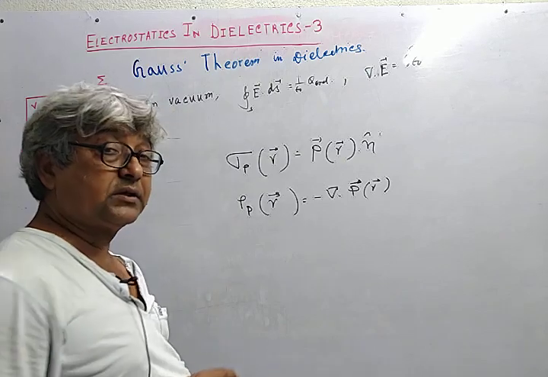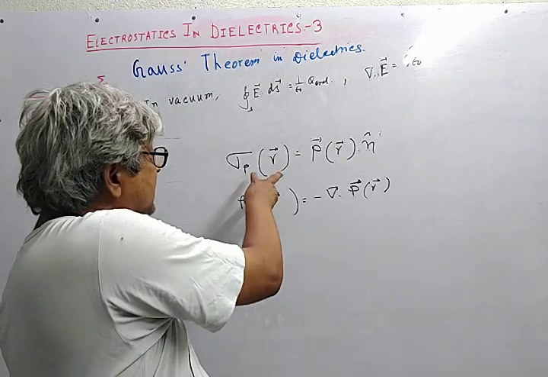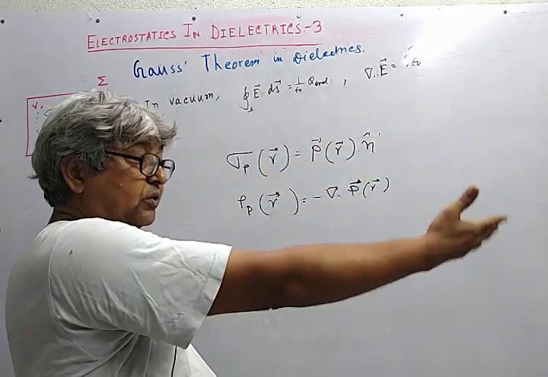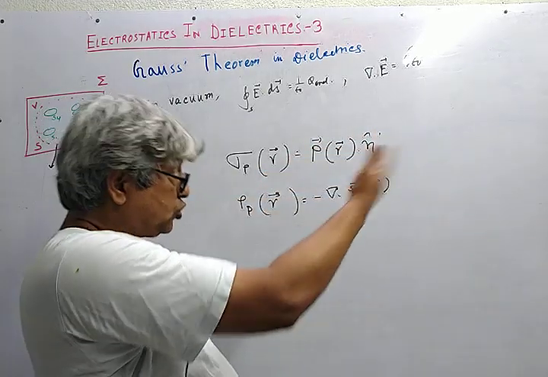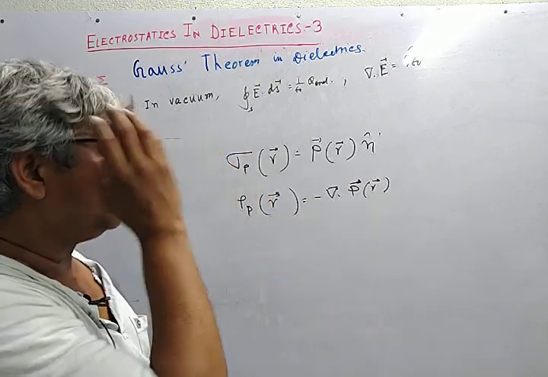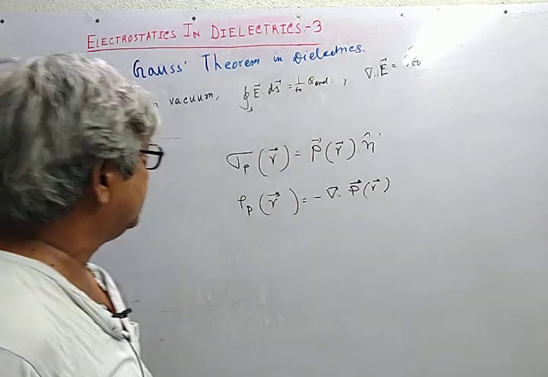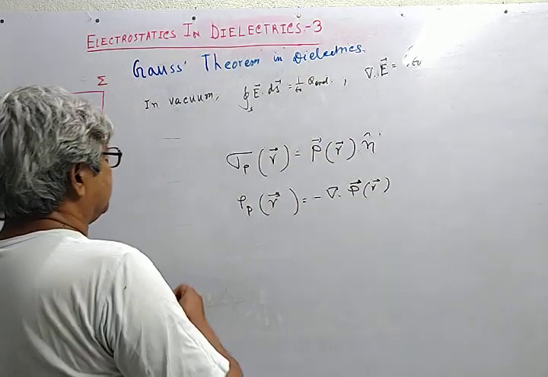The primes are necessary only when these quantities are involved in integration and there are two variables. One is the field coordinate, another is the source coordinate. So to distinguish between the field and source coordinate, one needs to use primes.